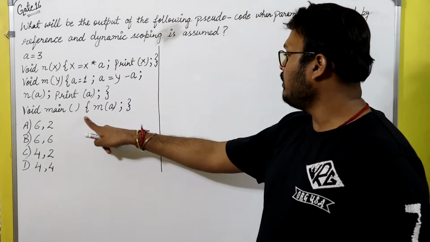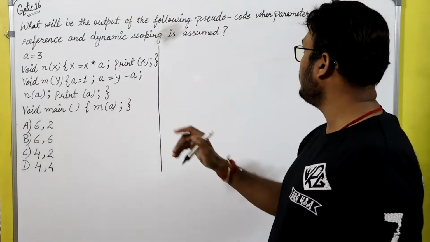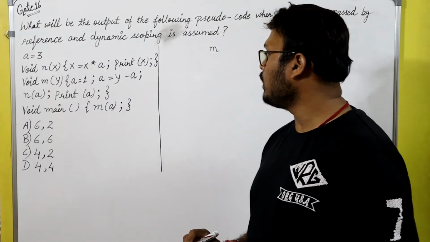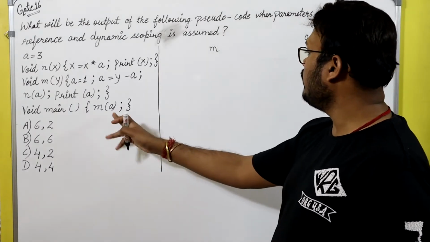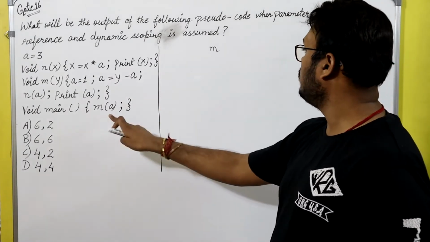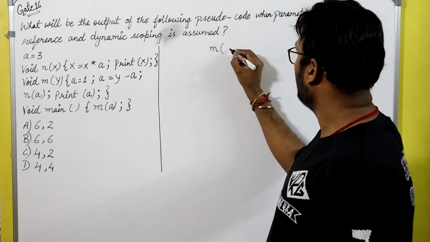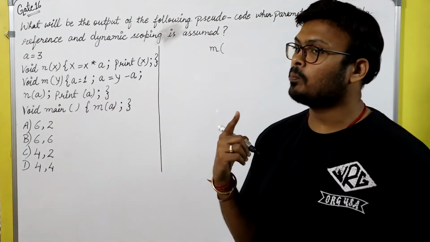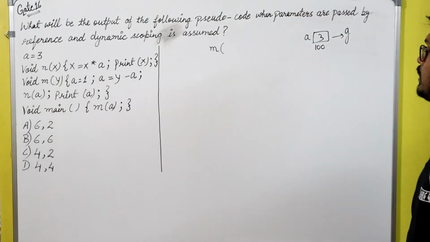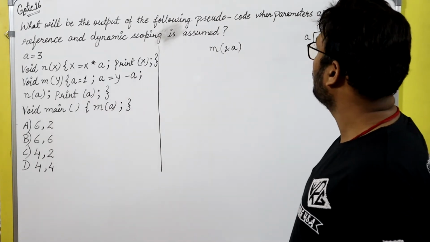So in the main function, a function named m has been called. So m of a. So m of a means what? Here you see it will take the global variable, this a. Since it is a pass by reference, the address of a has been passed here, just like this: m of &a.